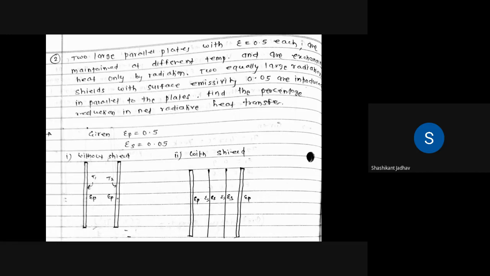Then two equally large radiation shields with surface emissivity 0.05 are introduced in parallel to the plates, meaning two large radiation shields are placed in between these two plates, and their emissivity is given as 0.05. So for the radiation shield we use the notation epsilon s, epsilon s is equal to 0.05.